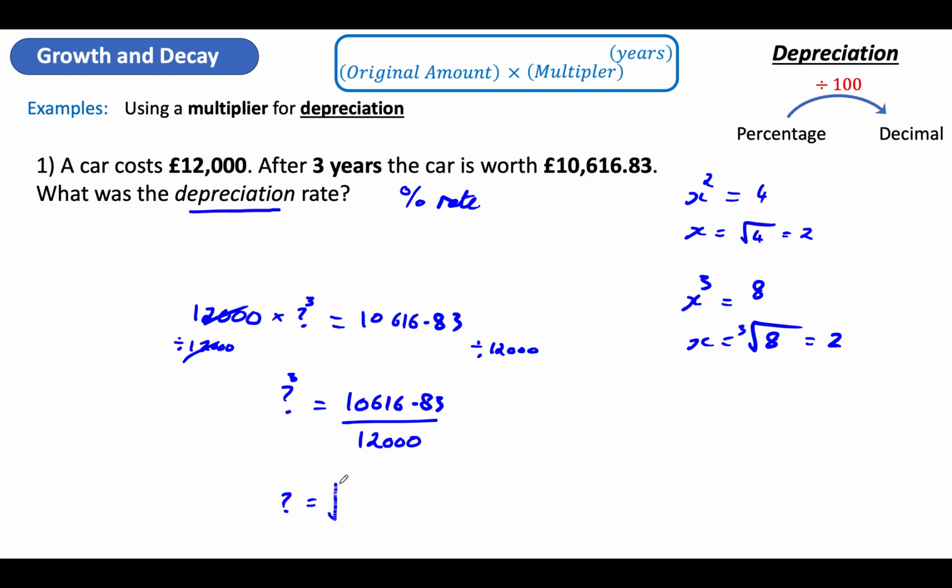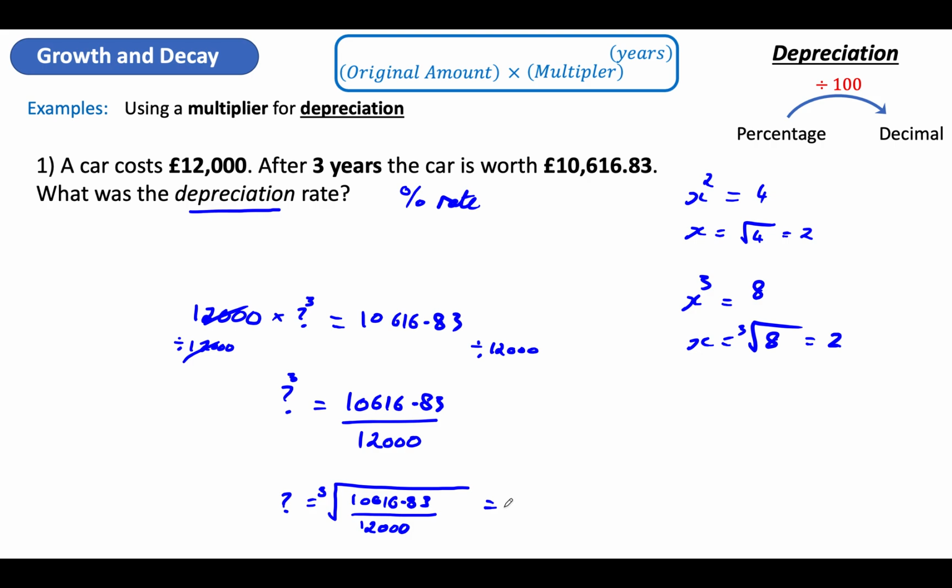So to undo that cubing, you do the cube root of the reduced figure divided by the original cost. Okay, so all I've done is rearrange it. And when I do that on my calculator, let's see what I get.